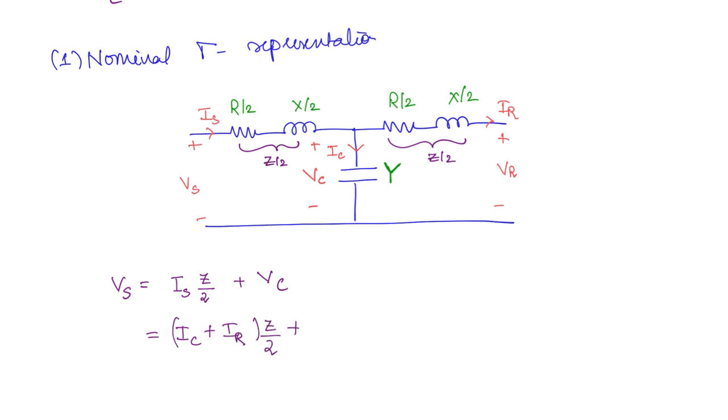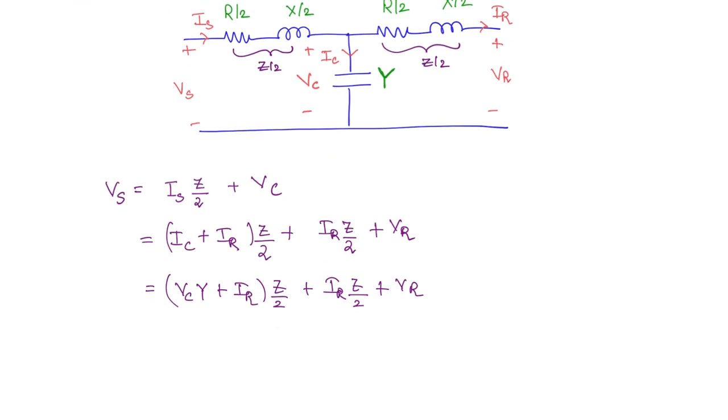And what is Vc? If you apply KVL in the second loop, then Vc is the voltage drop across this plus the receiving end voltage, right? So here you are going to get Ir into Z by 2 plus Vr. Okay. Now Ic, this you can write as the voltage into admittance, right? So here instead of Ic, you can write Vc Y plus Ir into Z by 2 plus Ir Z by 2 plus Vr.